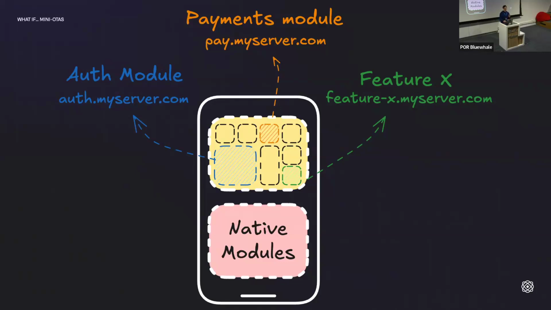But this on its own doesn't solve all OTA problems, because everything around these modules is still the shell of your app, right? So you still need a general OTA library solution to handle the other parts, maybe your bottom tabs, your header, this kind of stuff. That is not going to be your modules.